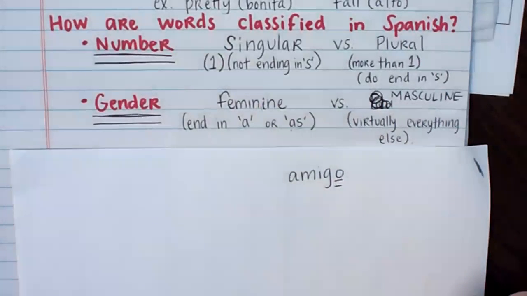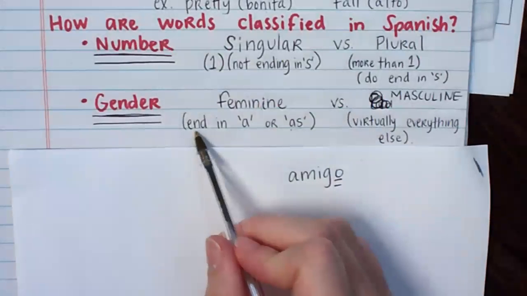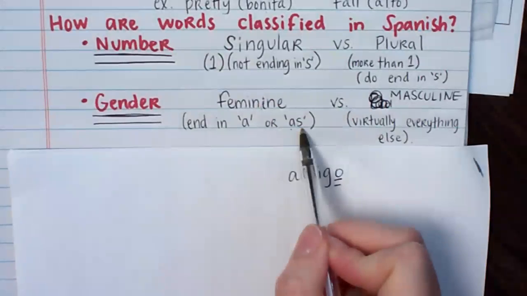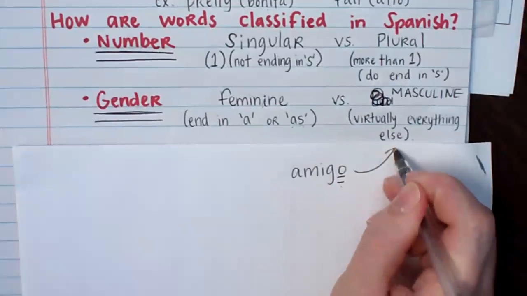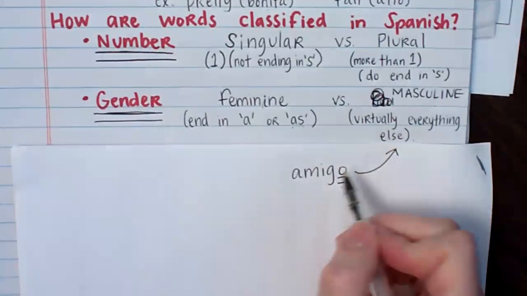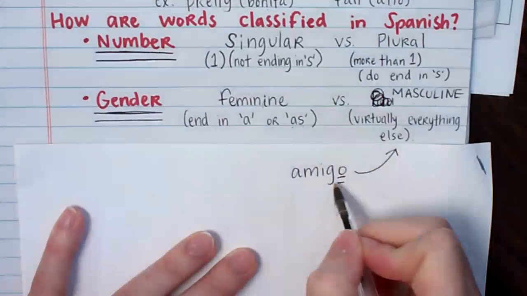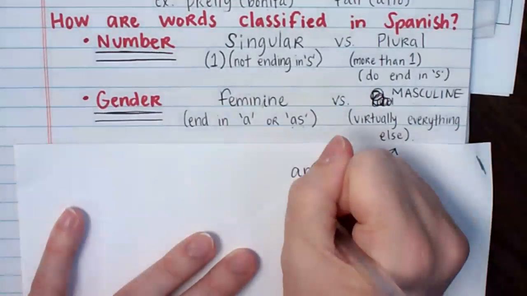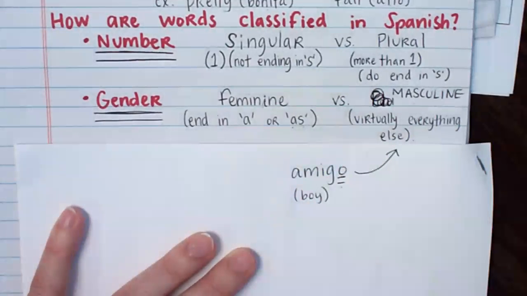It ends in an O. So feminine words typically end in A or AS. Is this feminine? No. It's masculine because it ends in an O. So we know that this amigo happens to be a boy.